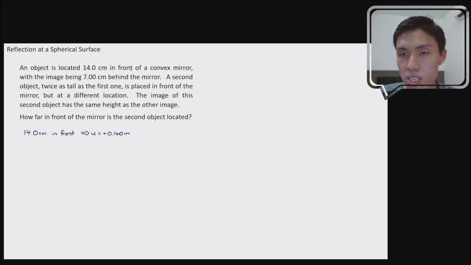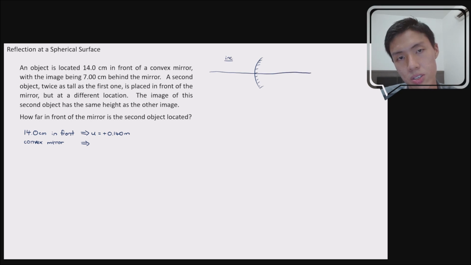This is a convex mirror, so you should expect the mirror to look something like this. Here is where your incident ray will be, along the principal axis. The reflected ray will also be on this side; incident and reflected will both be on this side.